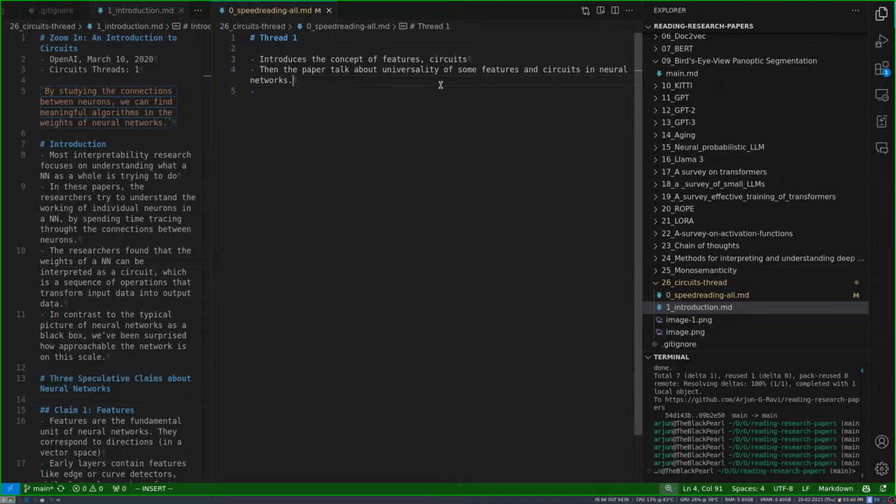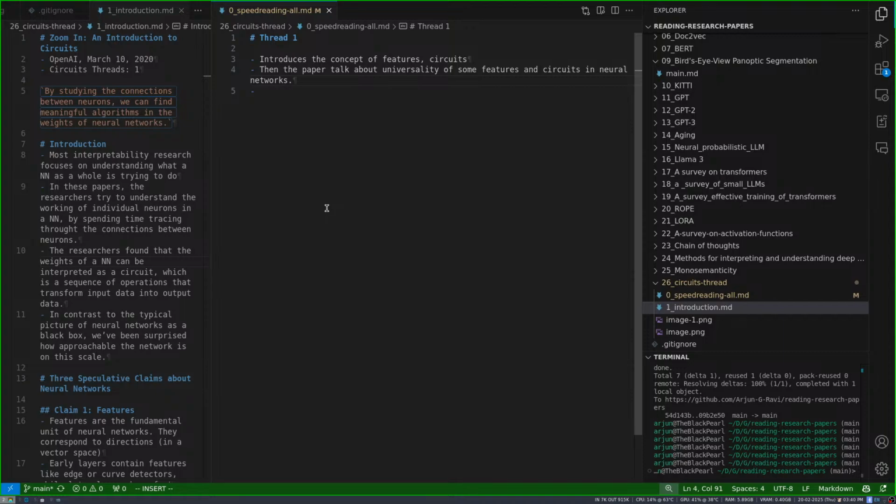It is a universally accepted thing. The paper wants to extend that to every image model having a curve detector and so on, in higher level things. That's what the paper wants. So the paper talks about that.